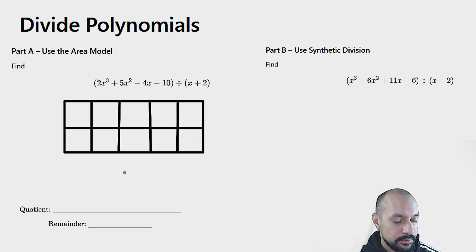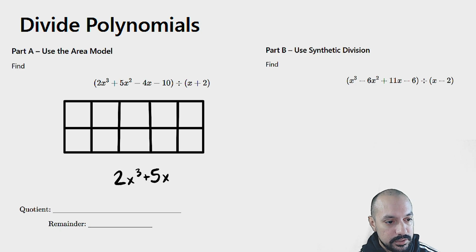We are going to put our dividend here on the bottom. The dividend is what we're trying to get to. You'll see what I mean by get to in a second. And I'm going to put my divisor here on the side.